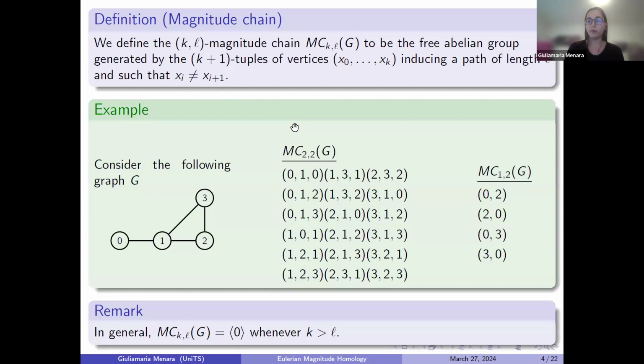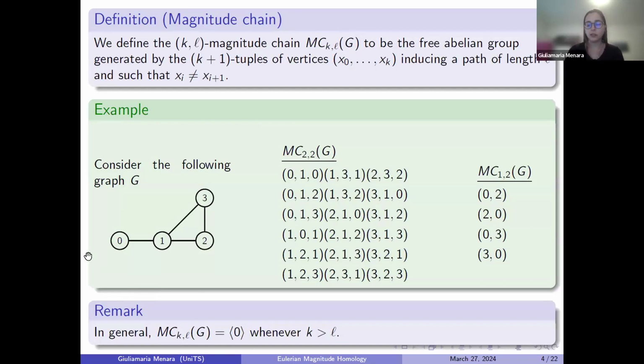We would need a tuple of 4 vertices such that the induced path is of length 2. But this cannot be, because we're asking that consecutive vertices are different. Even if we do the simplest possible thing and just go back and forth on the same edge, we are still increasing the length by 1 every time we move to the next vertex in the tuple. That's why this happens.